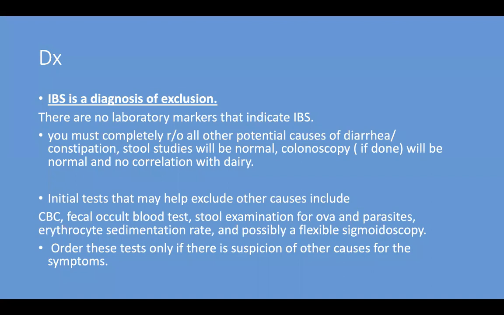Stool examination for ovoparasites in case of infection. ESR and CRP could be elevated in the case of IBD. And a possible flexible sigmoidoscopy, but we don't do it unless there is an indication. Order these tests only if there is a suspicion of other causes for the symptoms.